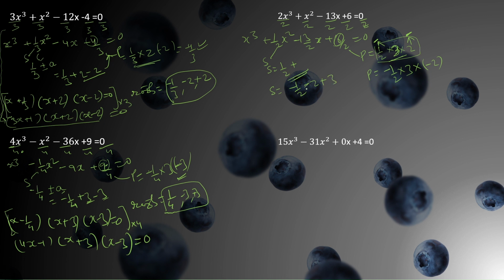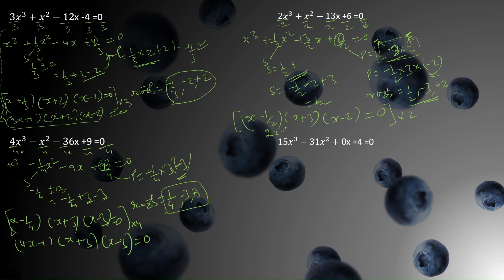So what will it look like? Minus half into 3 into minus 2. So the sum is minus half minus 2 plus 3. So this negative 2.5 and this positive 3, obviously, will give half. So clearly this is satisfied, and roots can be written as, change the sign, half, minus 3 and plus 2.